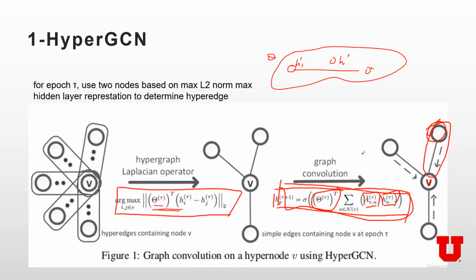Here, for example, it's just u and v, just 2 nodes, but generally it will calculate over all of them, because N is a set.